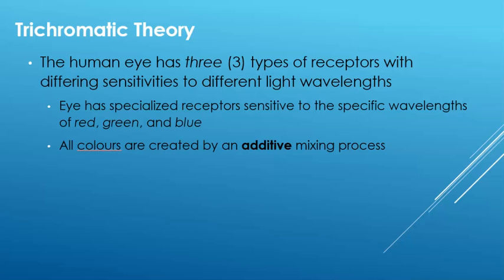One cone is specialized to wavelengths of red, one cone is specialized to wavelengths of green, and the third one is specialized to the wavelengths of blue. And all colors are created by the additive mixing process. So depending on the number and types of receptors that are activated due to the wavelengths, that determines the color that we perceive.